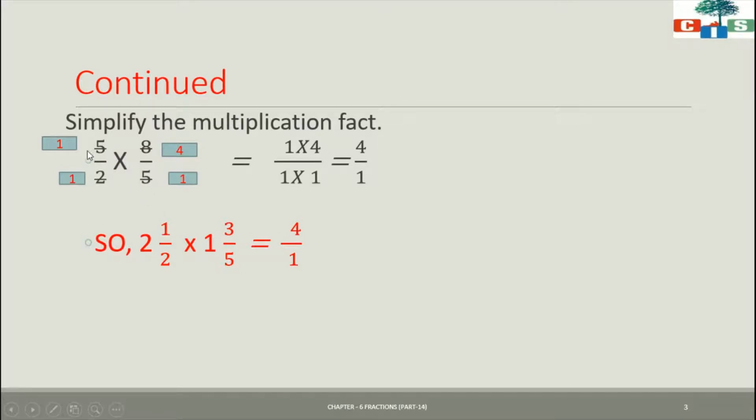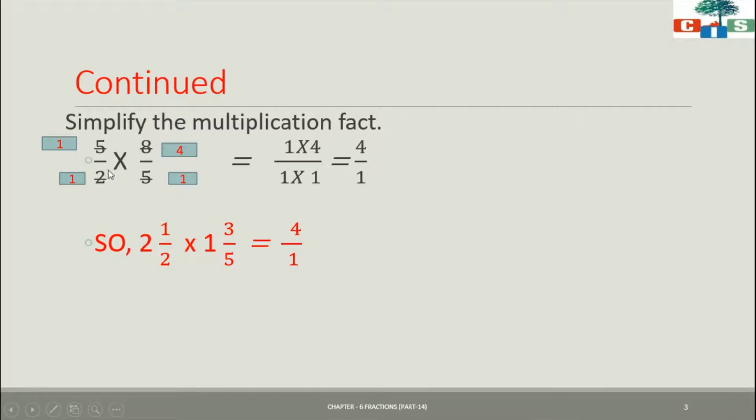When I divide 5 with 5, I get quotient 1. I will cut this 5 and write the quotient 1. Again, when I divide the denominator 5 with 5, I get quotient 1, because 5 divided by 5 gives 1. Now we have two numbers, 8 and 2, and both can be divided by 2, so the common factor for 2 and 8 is 2.